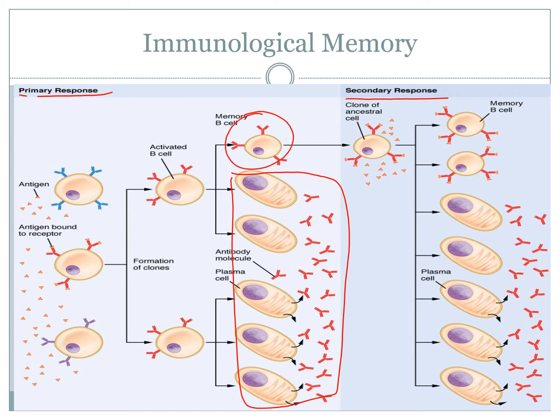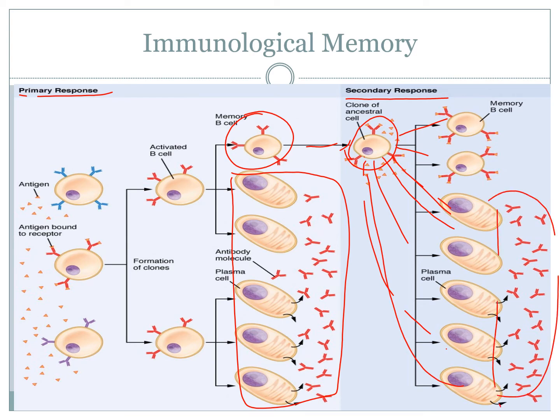All of us would have been told in the past that now that we have a memory cell, if we're exposed to the same antigen, that memory cell is activated straight away and goes through proliferation, producing plasma cells and memory cells and producing antibodies in order to take care of the problem.